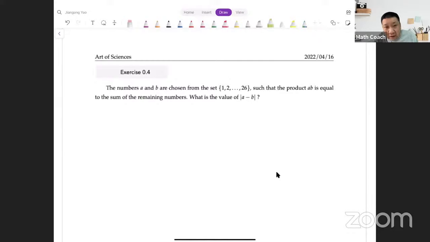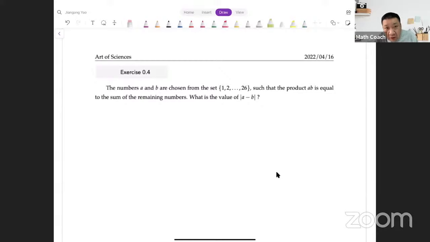After 93, 25 gets 9 points. Congratulations, 25. After 25, 86 gets 8 points. After 86, 42 gets 7 points. After 42, 35 gets 6 points.